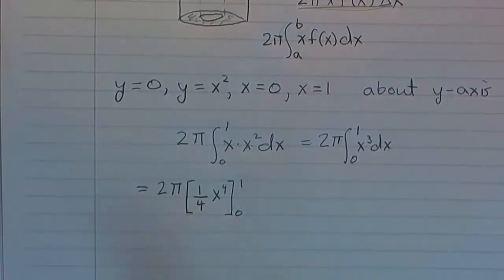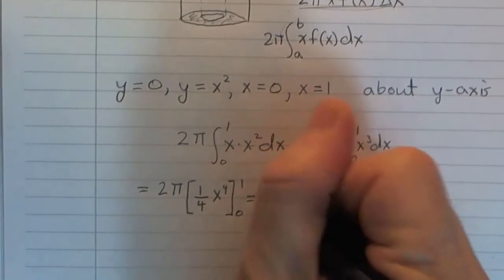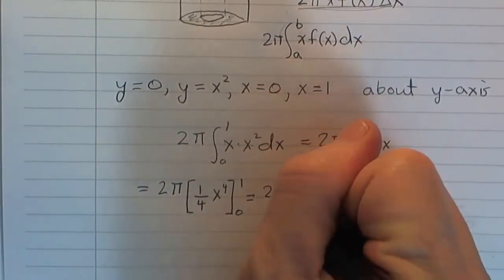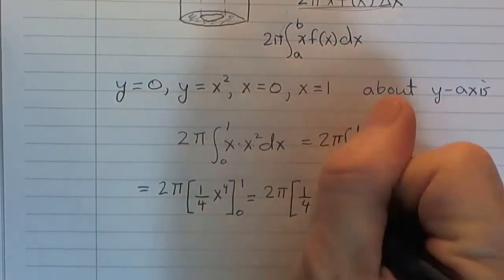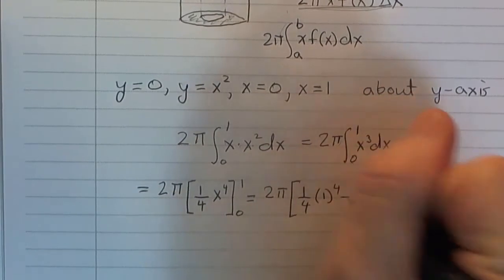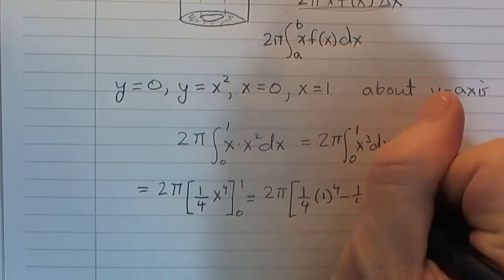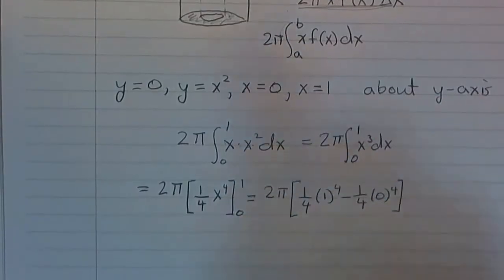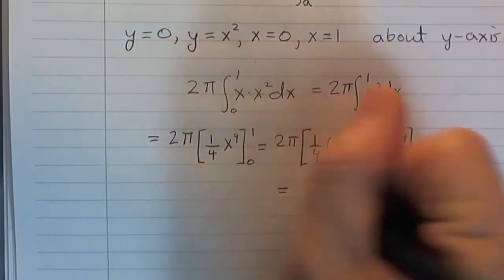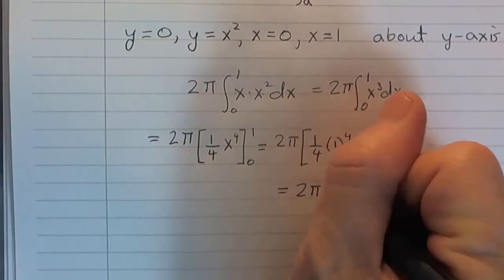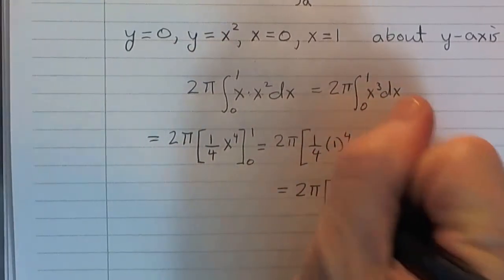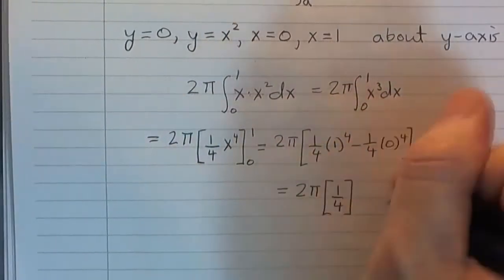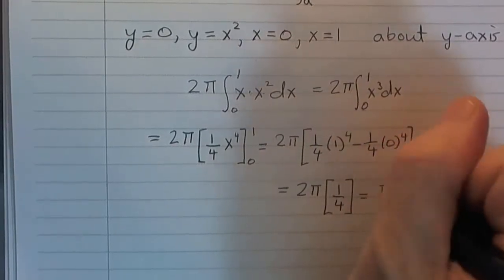And that would be 2 pi times 1/4 times 1 to the 4th minus 1/4 times 0 to the 4th, of course. We're just doing every single step here. And that would be 2 pi times 1/4. That's what that would work out to be. Or in other words, pi over 2.